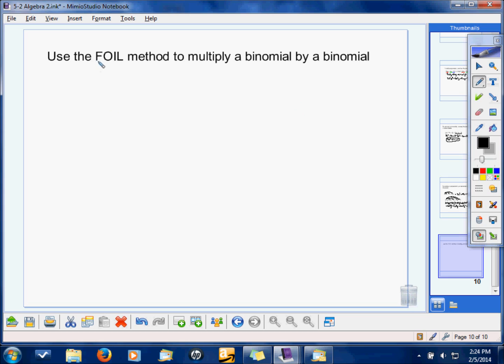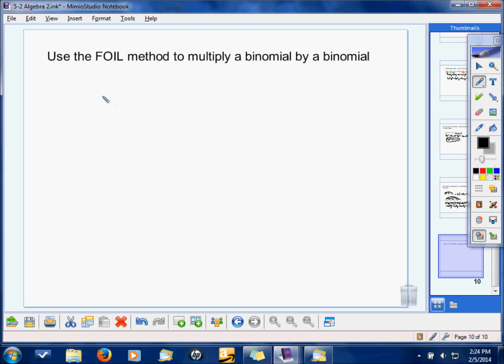I don't know if you remember that. First, outer, inner, last. Now, you will see and hear FOIL method all over the place in math. But if you don't even remember FOIL, first, outer, inner, last, I'm going to show you it's really just distributing twice.